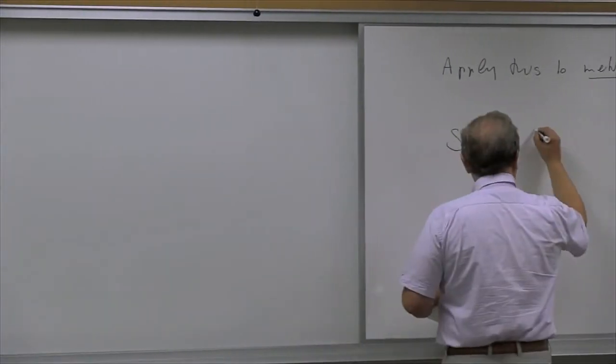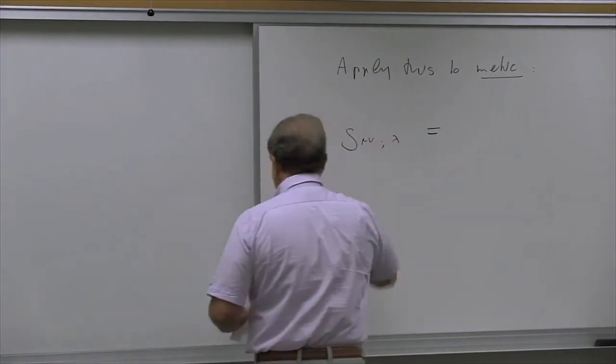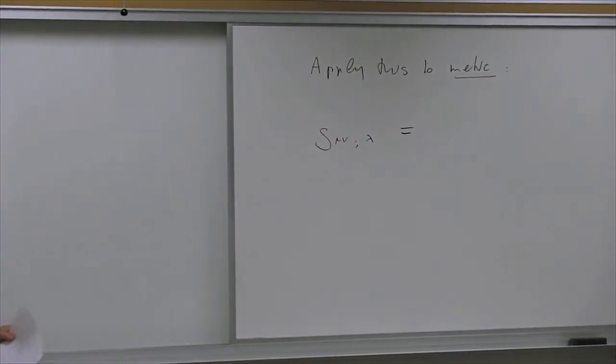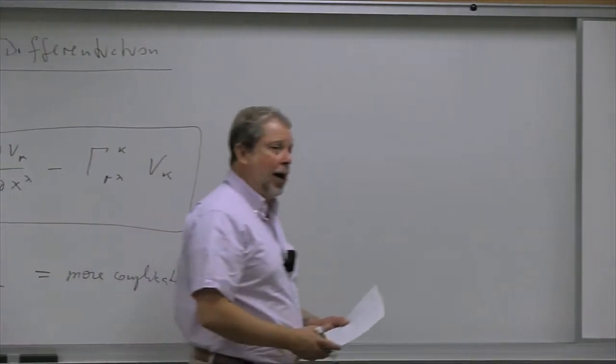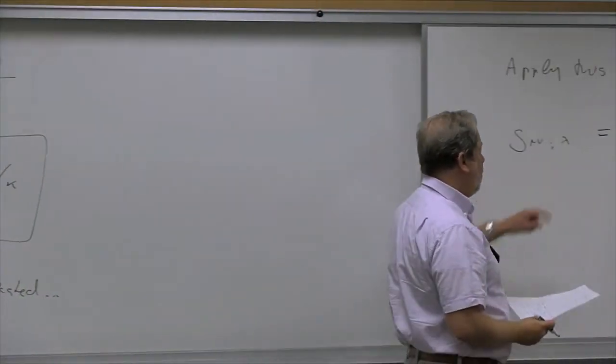Following what we have written over there, this is one example where you actually have two gamma terms because this is a two-index object.